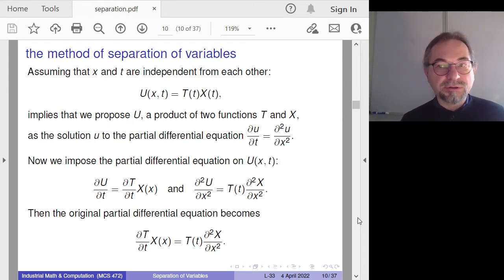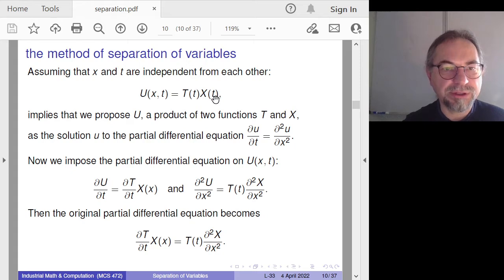We work with this assumption, and the assumption implies that we can write a proposed solution as a product of two functions, one function capital T in time only, and a capital X in space only. There's still a typo here, so this should be an X.